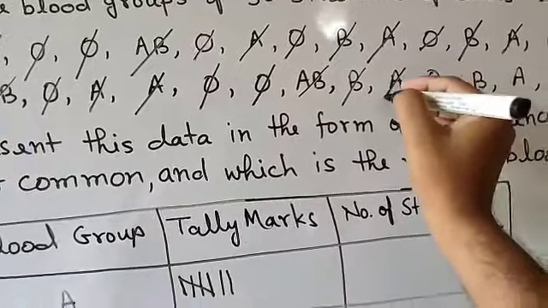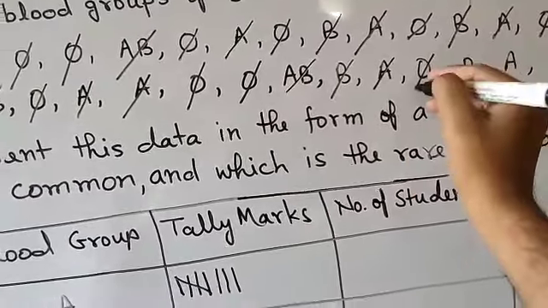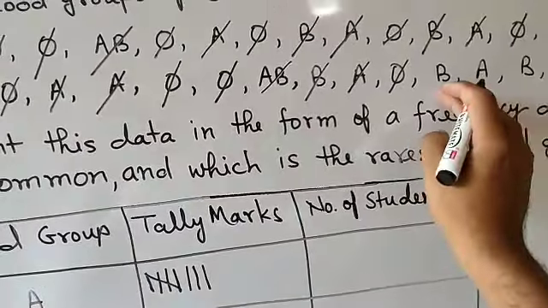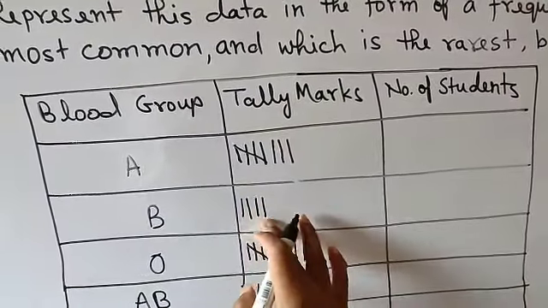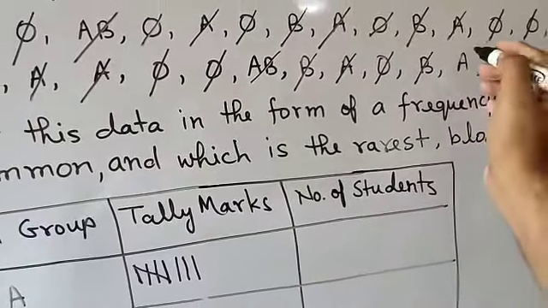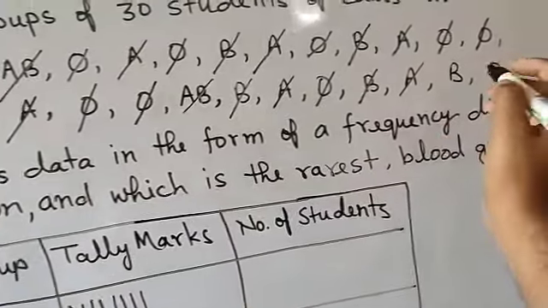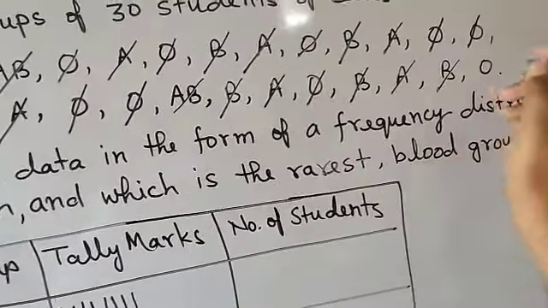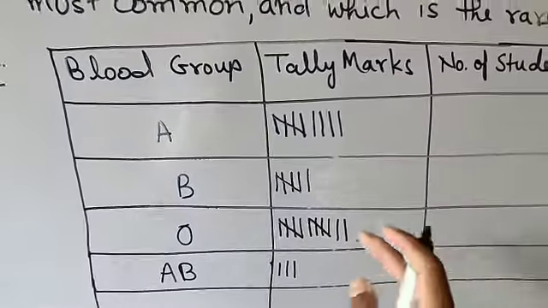Now A, cut the A and here it is A. Now O, cut the O and here it is O. Now B, cut the B and here B is 4, so for the fifth you will cut across like this. Now A, cut the A and represent A. Now B, cut the B. Next is O, cut the O and make one tally mark.